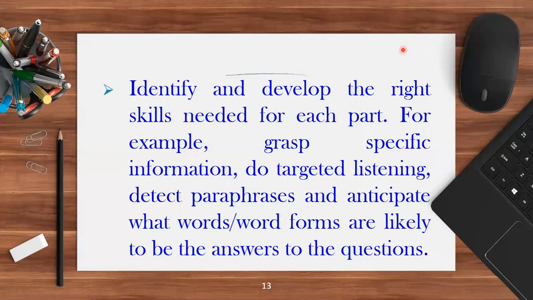You should be able to anticipate what words or word forms are likely to be the answers to the questions. Let me use part A as an example. You find, let's say, question 1, and the subheading is about treatment. Question 1 is "needs" followed by dashes.